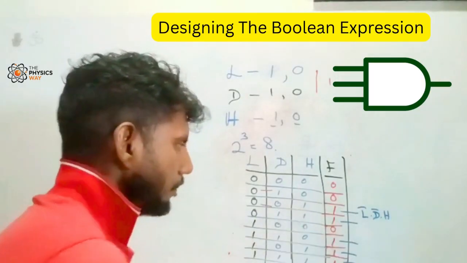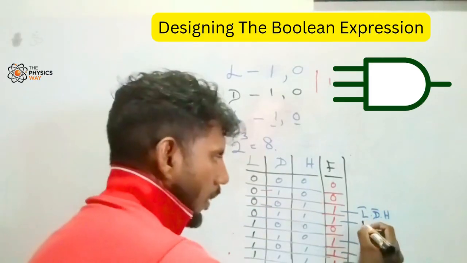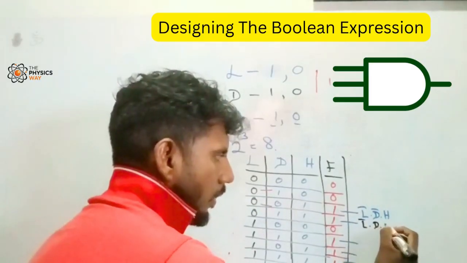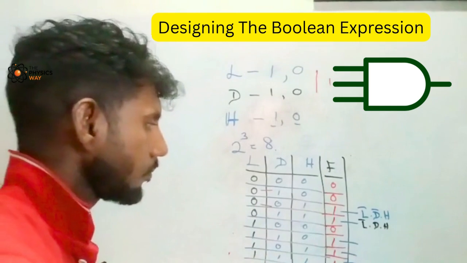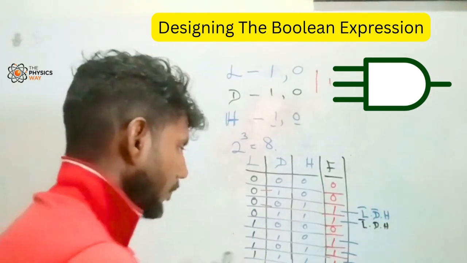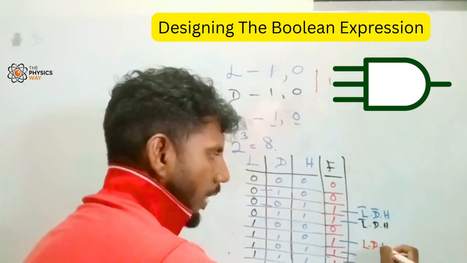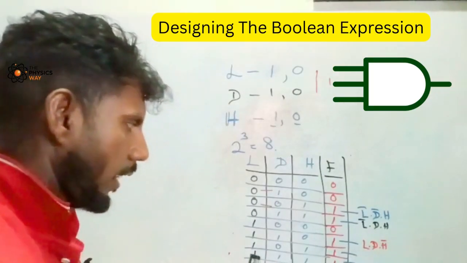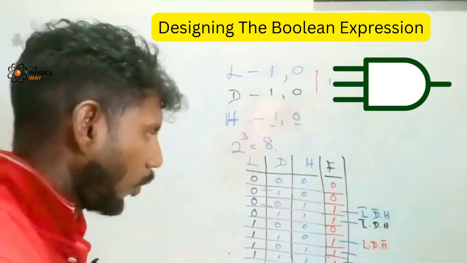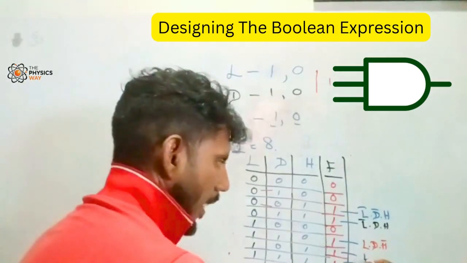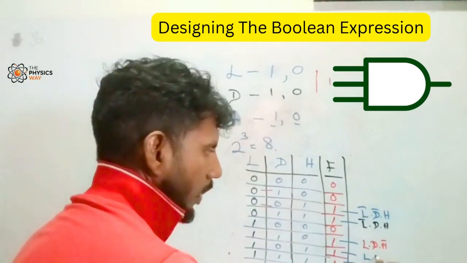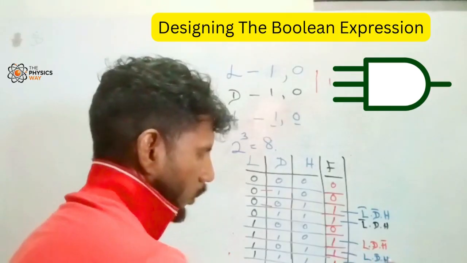So 1, 1, so here L bar dot D and H. And the third one, L dot D dot H bar, right? Okay, and the fourth one, L dot D bar dot H.